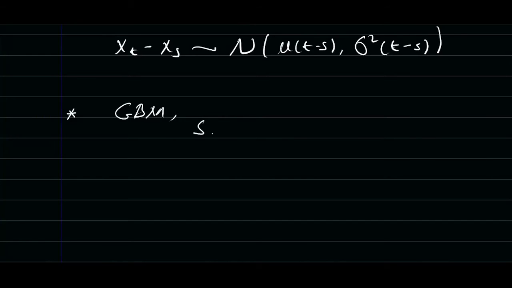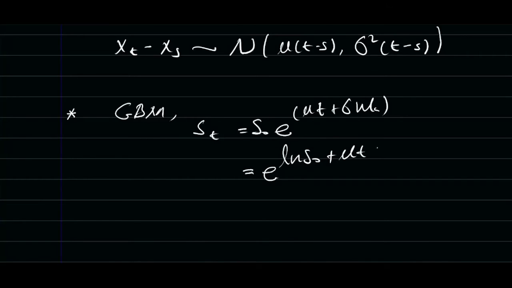For the case of geometric Brownian motion, which is defined by S t equal to e to the power of mu t plus sigma W t, or e to the power of logarithm of S naught plus mu t plus sigma times W t. We denote this by X t. This X t is linear Brownian motion with the initial value equal to this one.